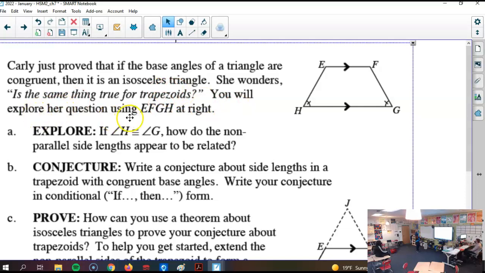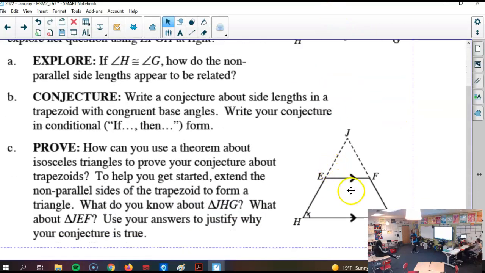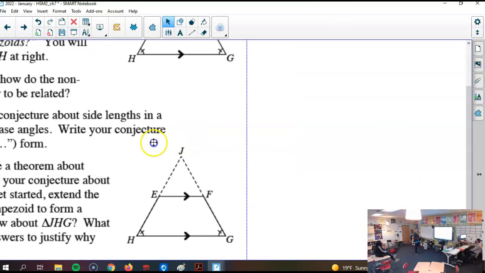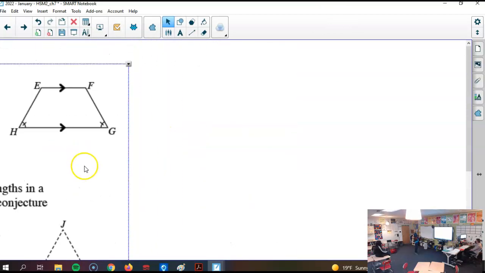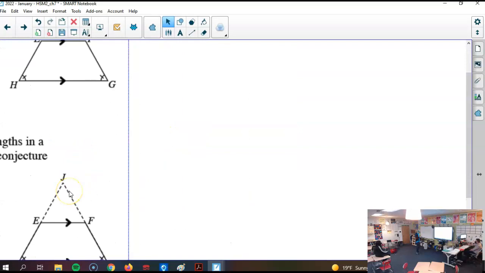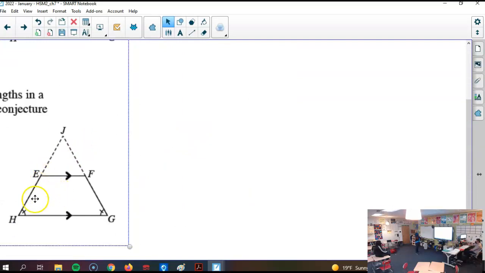You will explore her question using EFGH at the right. But Carly, through her wonderful math teacher's advice, started by drawing some lines because she didn't quite know what to do. But she said, if I extend these lines, it makes it a triangle. I can make a triangle. So I want you guys to go through and prove, if we can, that EH and FG are congruent to each other.